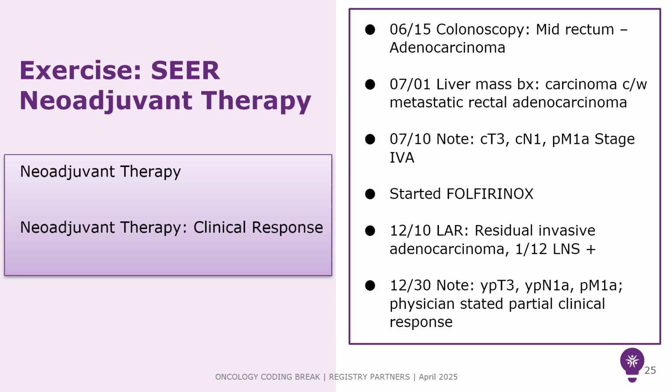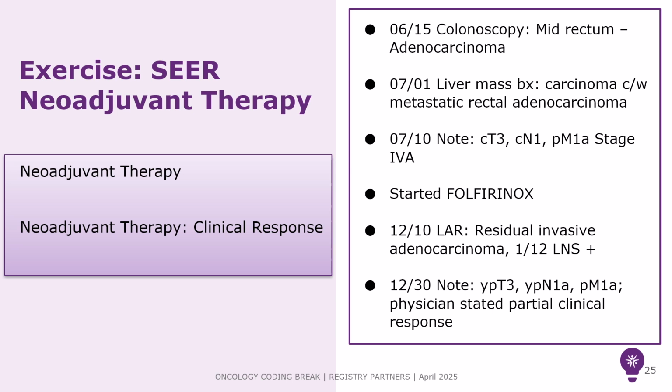On 7/10, there was a note: cT3, cN1, cM1a, stage 4A. The patient started FOLFIRINOX. December 10th, later on in the year, the patient had an LAR with residual invasive adenocarcinoma, 1 out of 12 lymph nodes positive.